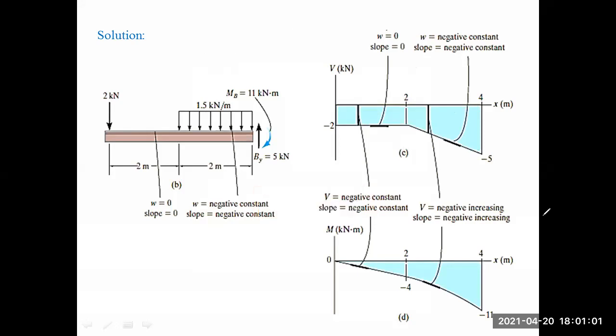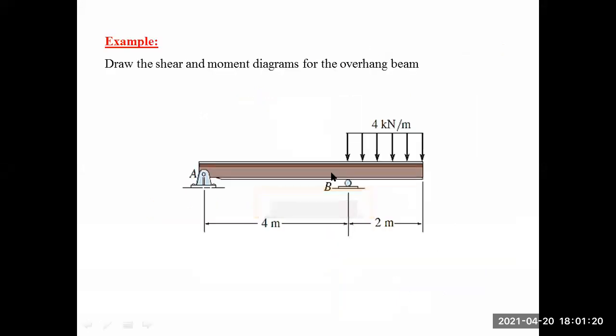If you have any question, please let me know. If not, we move to the second example. Okay, it seems there is no question. Then we move to the following example. This is the one.